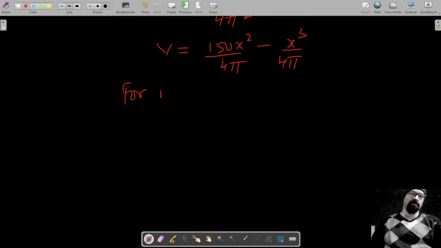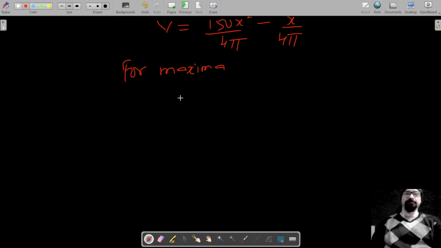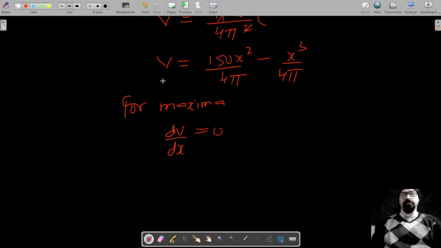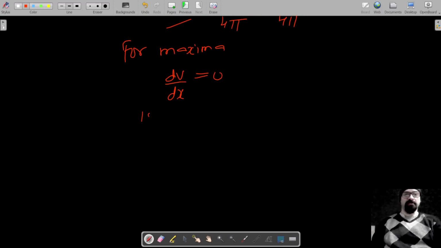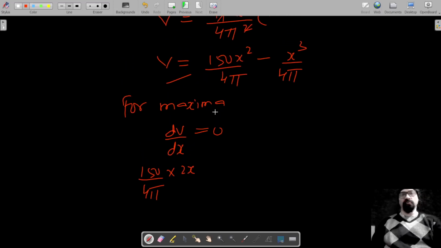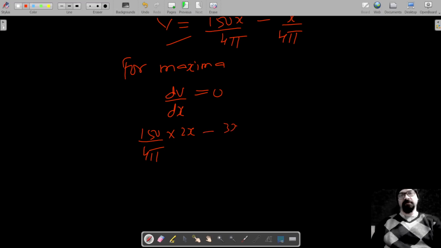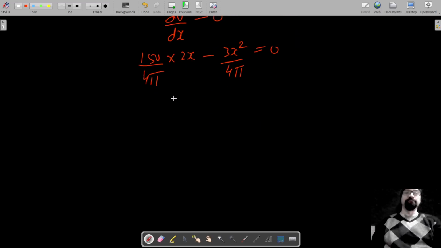Now for maxima, dV by dx should be equal to 0. So let's differentiate this with respect to x. Differentiating with respect to x gives me 150 upon 4 pi into 2x minus 3x square upon 4 pi is equal to 0.